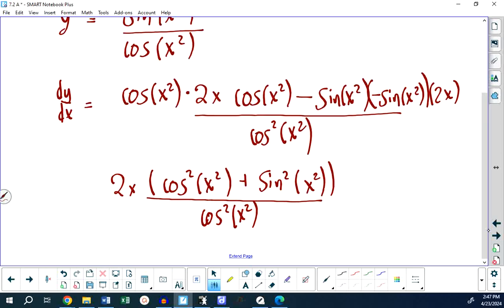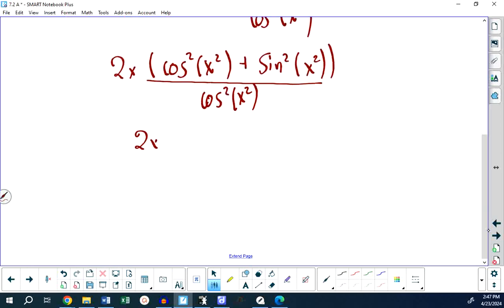So we end up with just 2x in the numerator over cosine squared of x squared in the denominator. Or, because we can, 2x secant squared of x squared, because the reciprocal of cosine is secant. Okay.